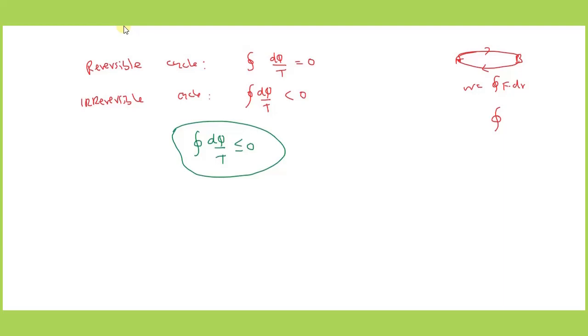So in words, I can say the closed integral dq by T, the ratio of the heat absorbed by the system to the temperature at which the heat is absorbed, is always less than 0. This closed integral is less than 0 for an irreversible cycle and is equal to 0 for a reversible cycle.